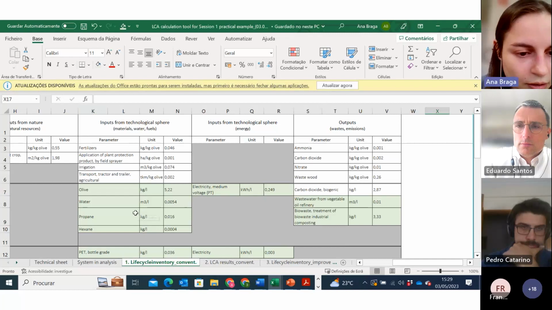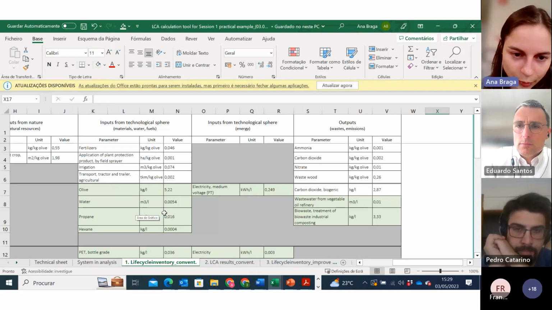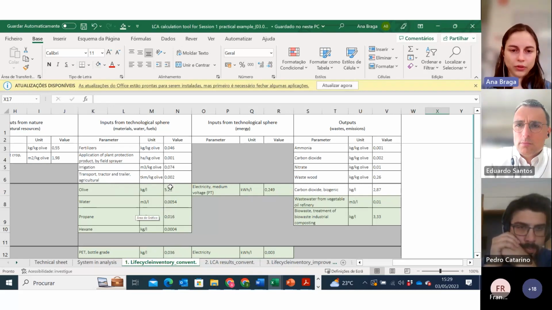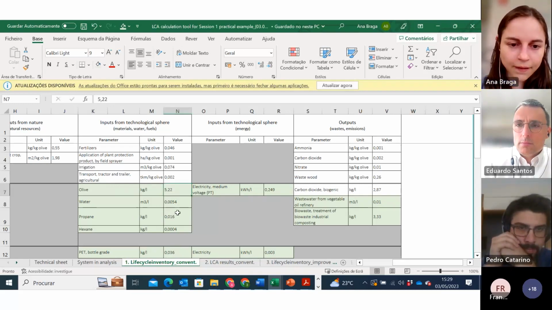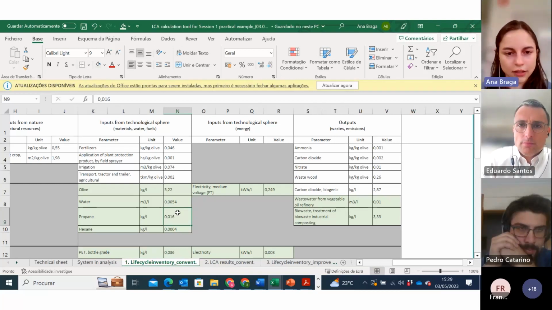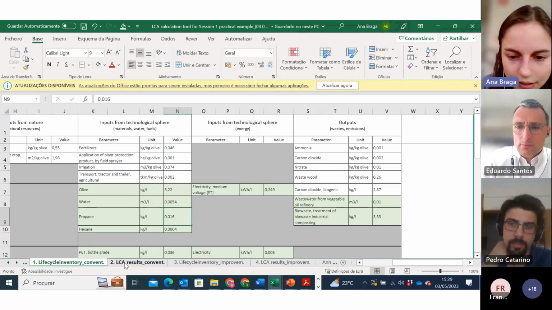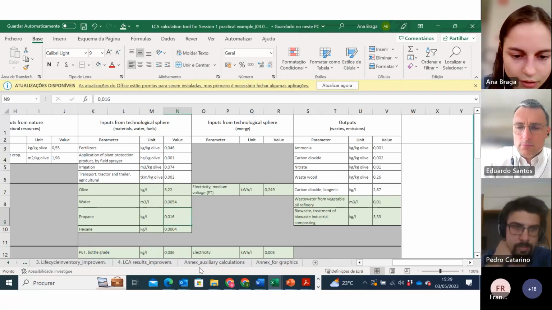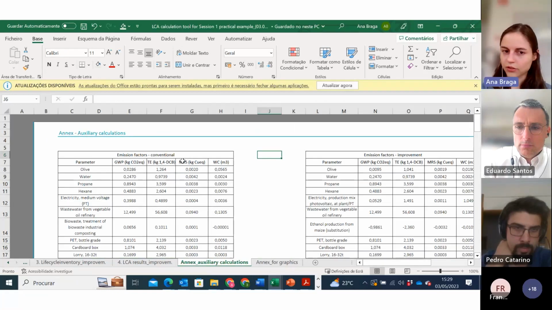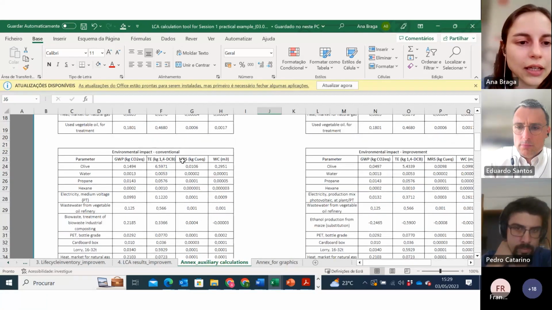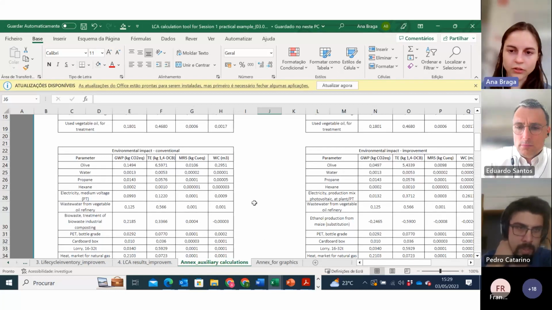The green ones here are the ones for which we could get the emission factors from SimaPro, and if you want to make some change here, the Excel is prepared to make the calculations, and you are able to see the difference in LCA results in the next page that I will show. And you can find here the emission factors for the process and then the environmental impacts considering the input values that we used. Okay.